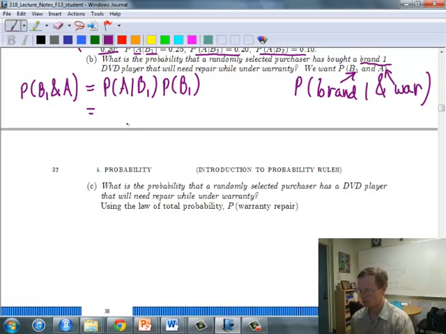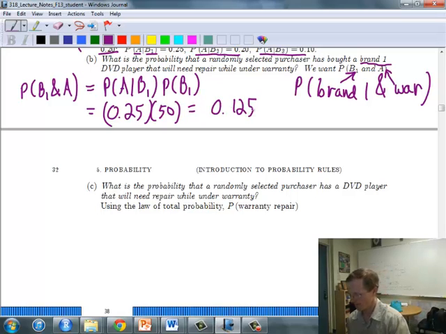We have both of these 2 parts. So A given B1 is 25%. B1 is 50%. So that gives us 0.125. Okay. 12.5% chance that the random purchaser needs DVD repair.